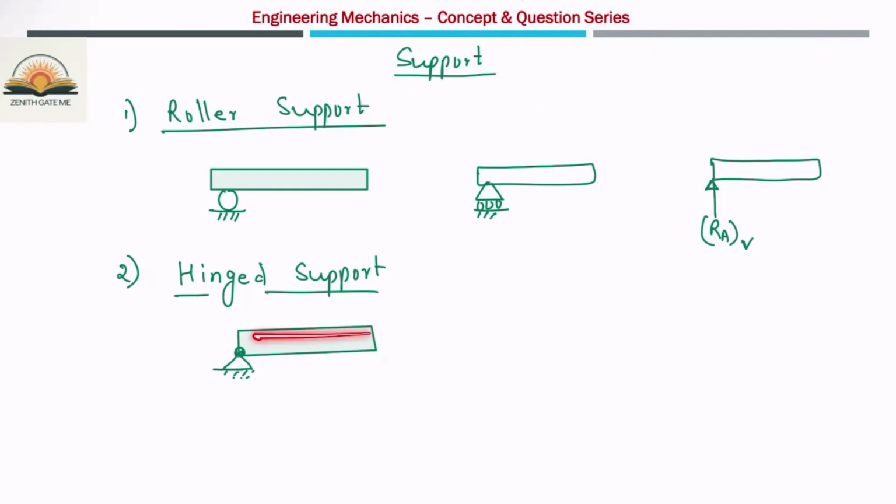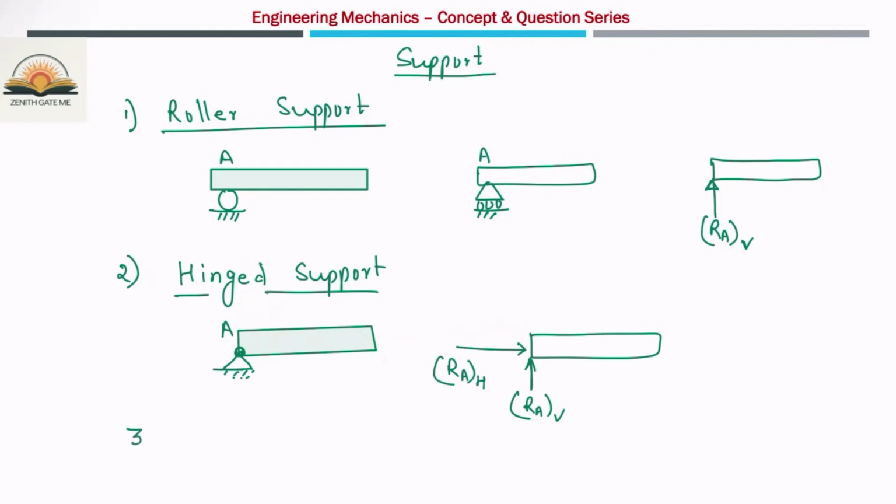The first one is in the horizontal direction and the second in the vertical direction. So two motions are restricted, means two reactions will come into the picture, which is nothing but the vertical reaction RAV. This is A, I am just considering. So one vertical reaction and one horizontal reaction.